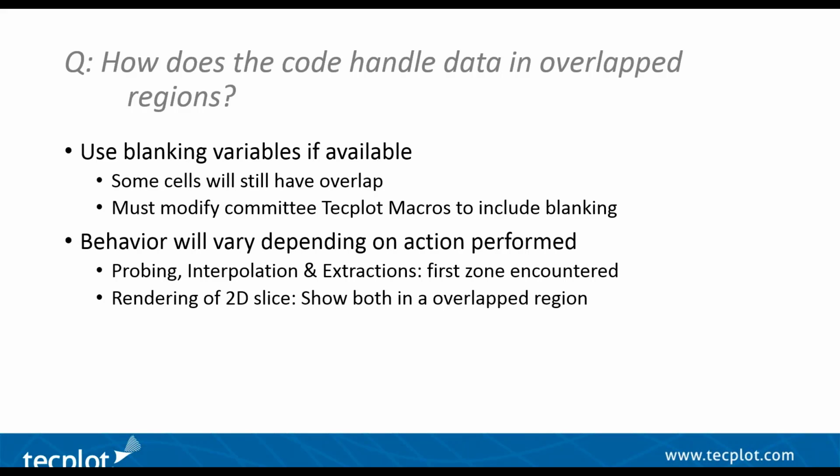So it goes through the zones in ascending order, and the first zone it finds, that's the one it will use. However, in the case of rendering a 2D slice, it will actually show both cells in that region. So there might be some graphical issues there, but it should be a very small region, so you shouldn't notice it. Okay.